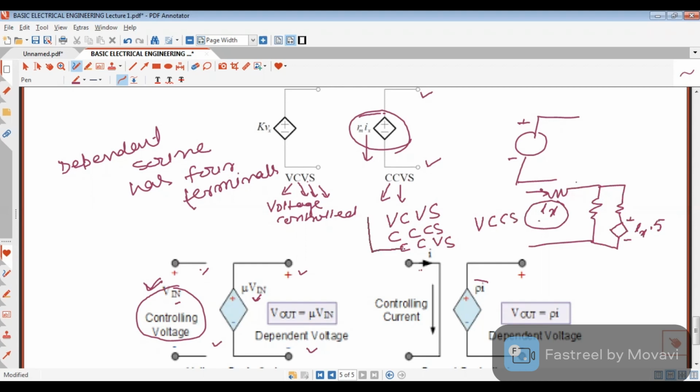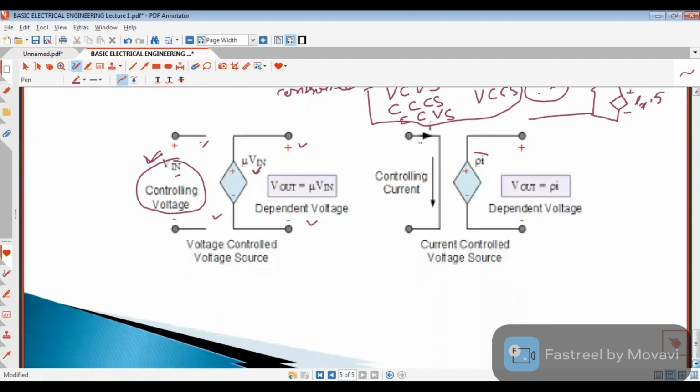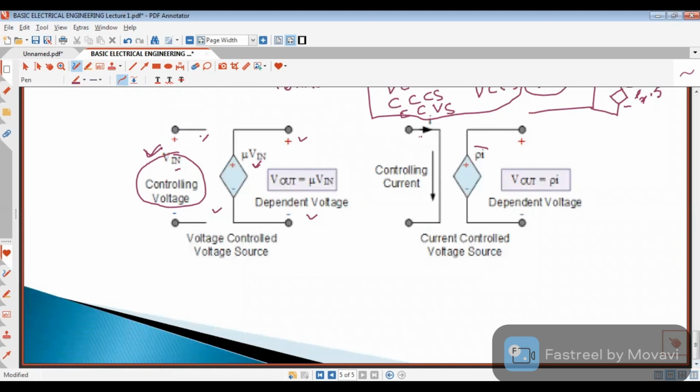In this example, the voltage is controlled by the current. There are four types of dependent sources that we will also study in different types of circuits. But for symbolic representation, I have given it here. Okay, thank you very much.